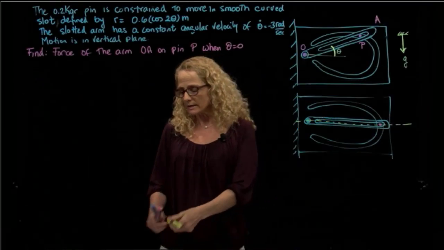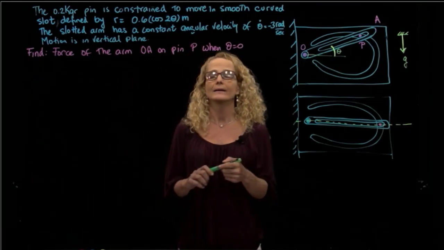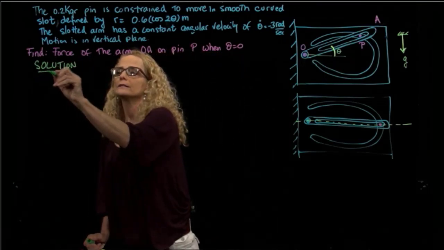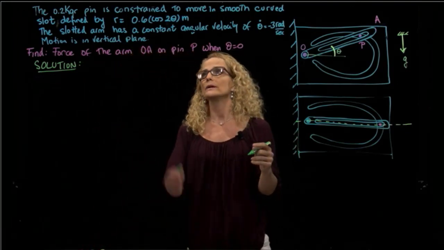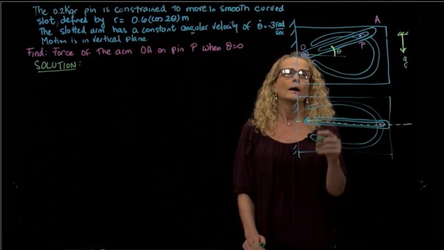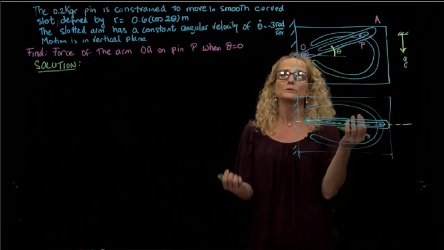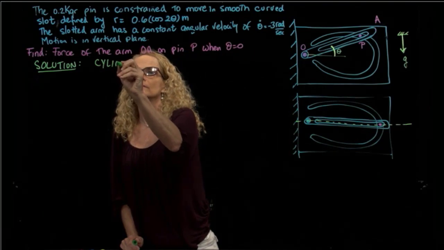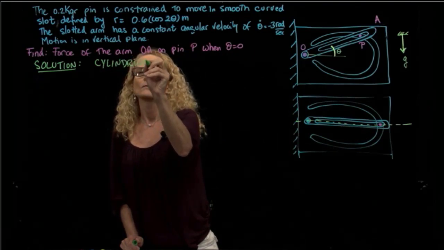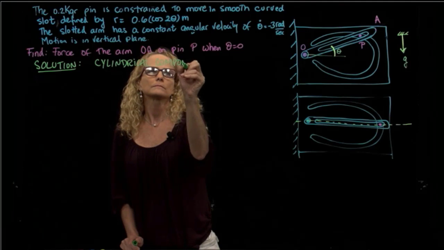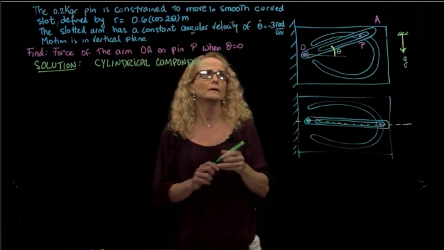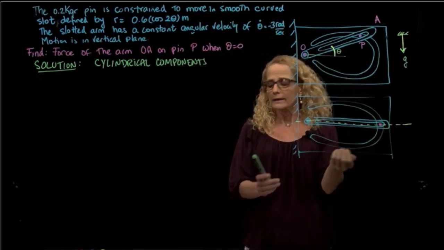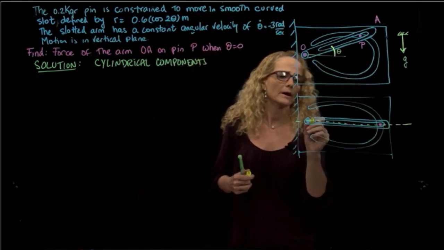So the first thing that we have to decide when we're doing the solution is what kind of coordinate system we are using. Since we are given the expression of r and information about θ, I'm going to use cylindrical components. Since the velocity is -3, it's moving downwards, so we can write our system.